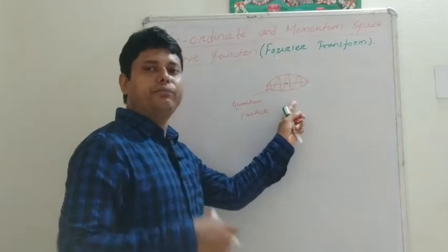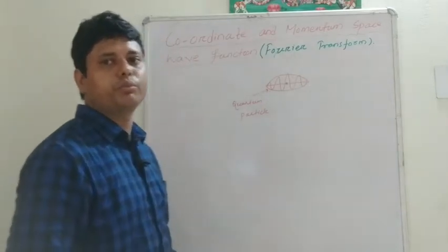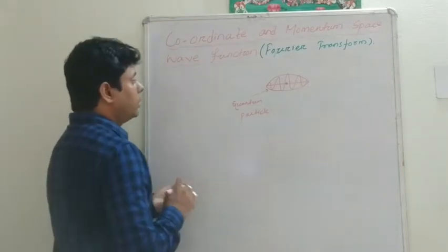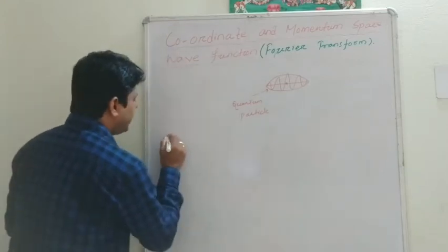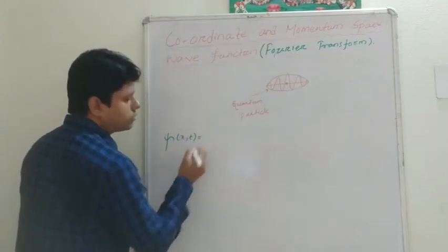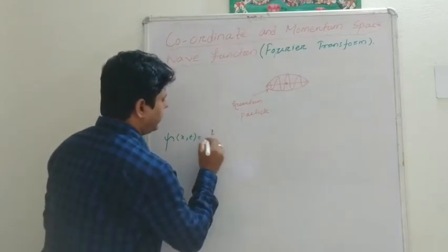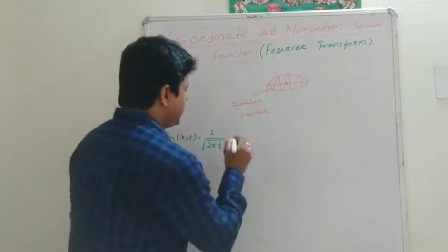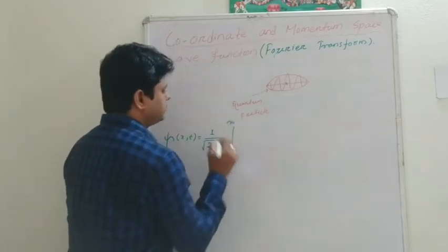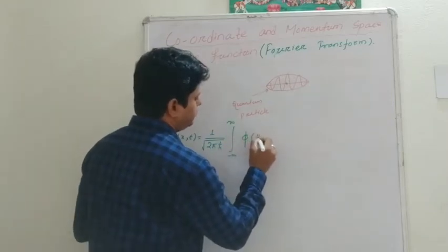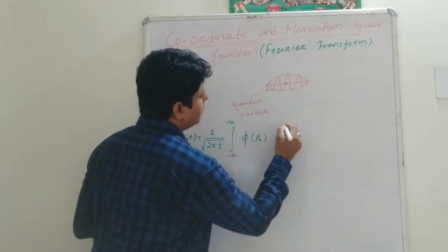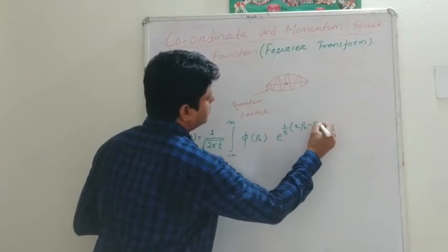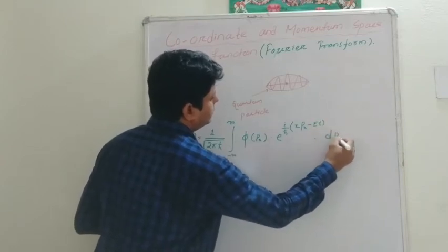This is the pictorial representation, and its wave function, which we found by calculating the superposition of a number of waves, is psi(x,t) equal to 1 by root over 2 pi h cross, integral from minus infinity to plus infinity of phi(px) into e to the power i by h cross (x px minus Et) into dpx.